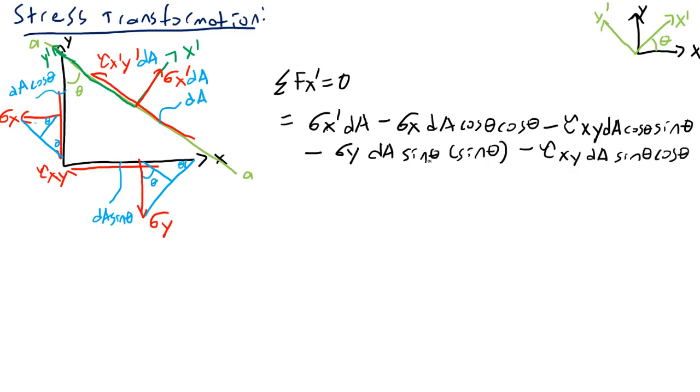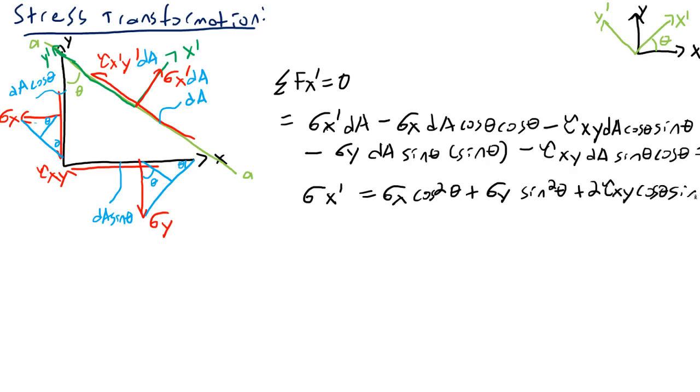I probably should have put parentheses around all of these for clarity, but oh well. The dA's all cancel out, and combining these together, I end up with sigma x prime equals sigma x cosine squared theta plus sigma y sine squared theta plus 2 tau xy cosine theta sine theta.